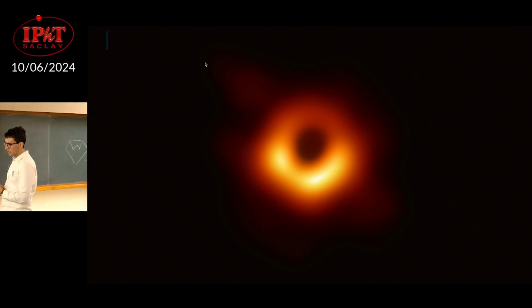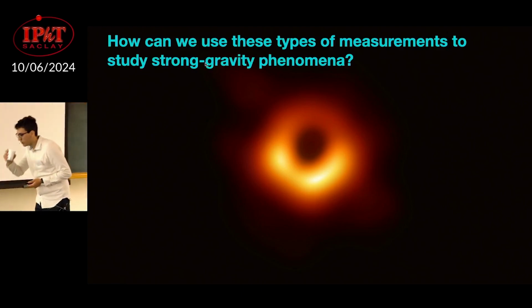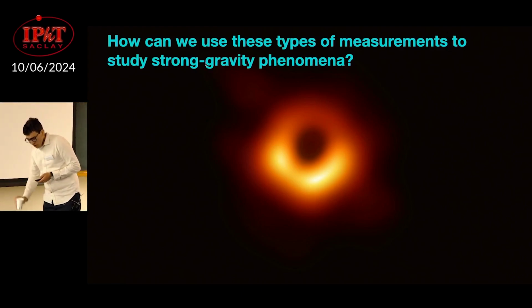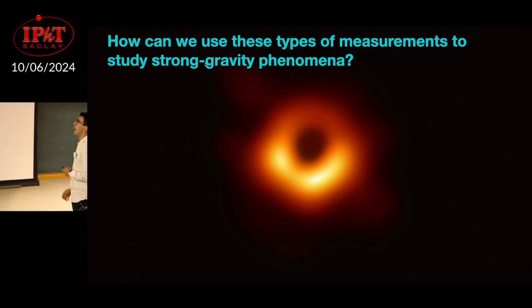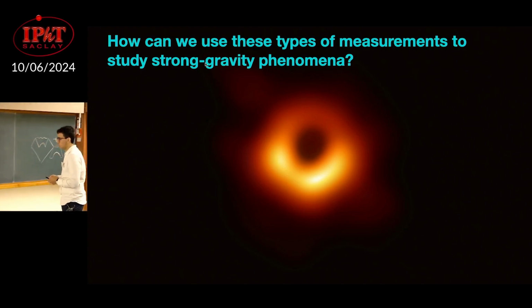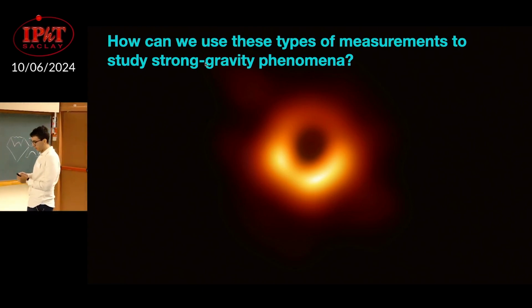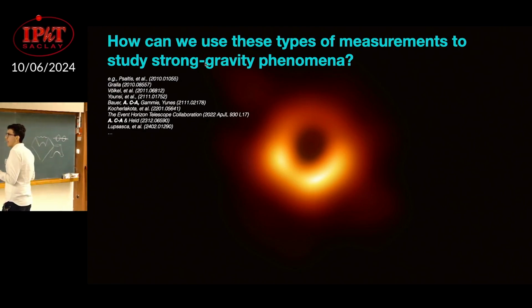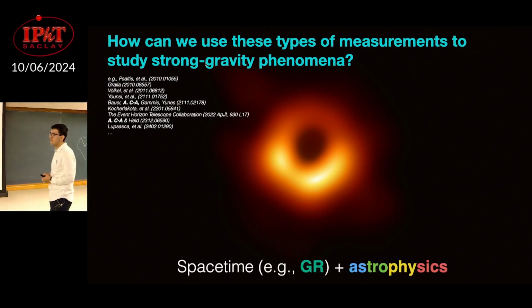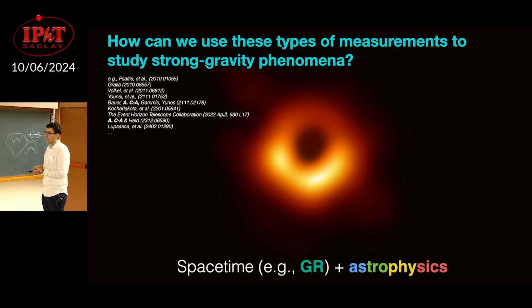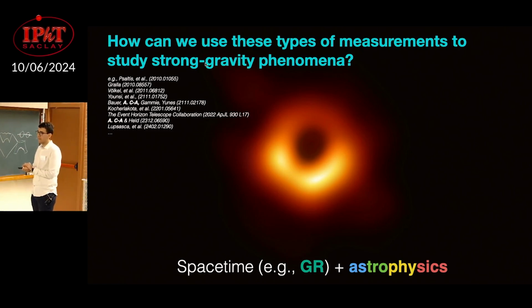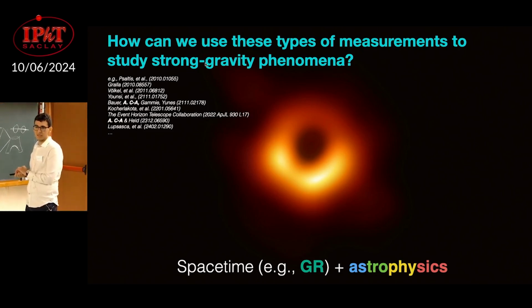And then the natural question, and the thing we're concerned with here today, is how we can use this type of measurements to study strong gravity phenomena. There has been a lot of discussion on this, because whenever you use electromagnetic probes like that, you have two ingredients: the space-time, pick your favorite theory, plus the astrophysics.